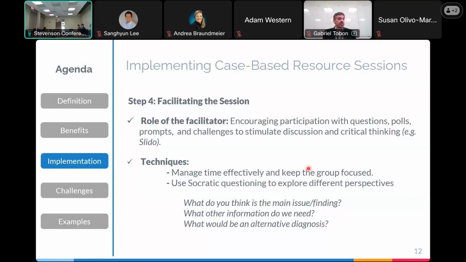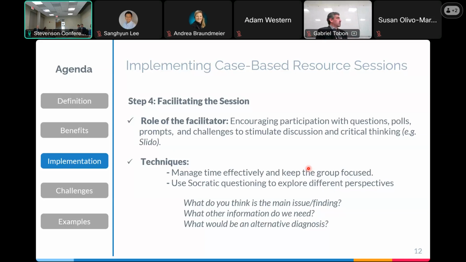In pathology, we use Slido, for example, in our presentations to engage students with questions, and the polls are very interesting. We also use different techniques like time management because we have the same time frame. We have 1 hour to cover or 2 hours to cover renal pathology, so we have to keep on time and keep the group concentrated.